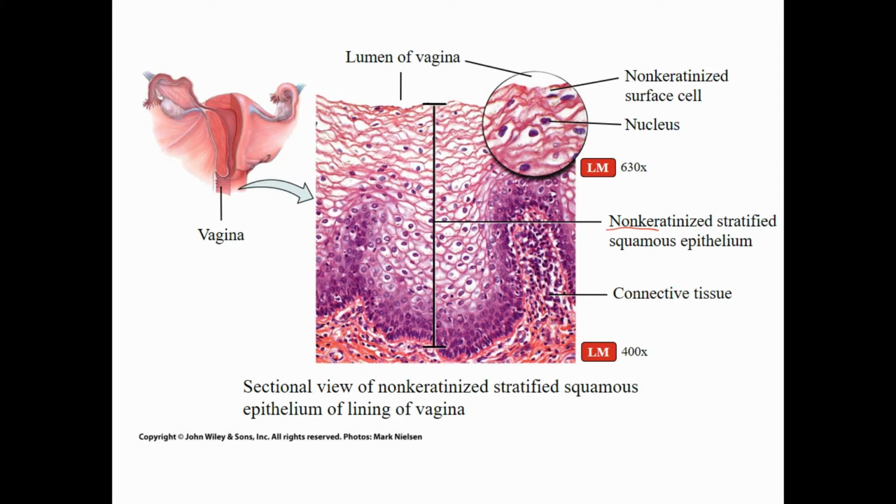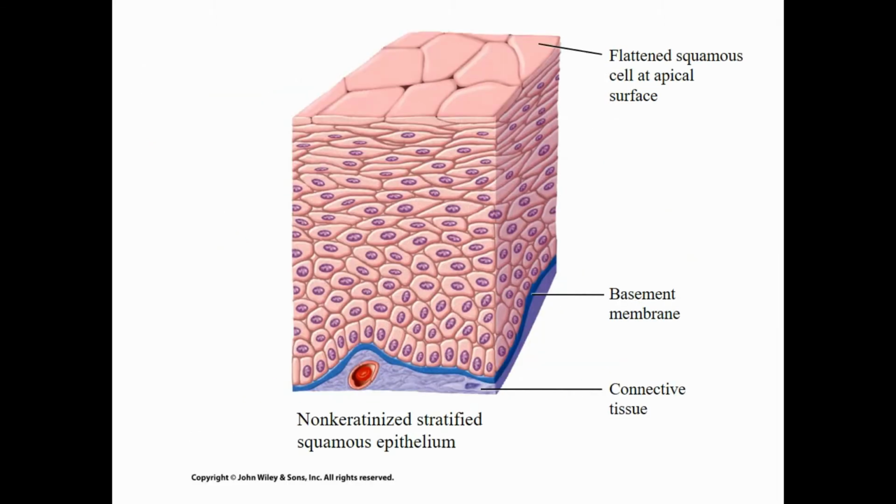They get packed full of keratin, and they lose all their organelles, and they become dead cells. Same thing with your hair and your fingernails. Those are keratinized cells. These are stacked in obviously multiple rows. They are flat. So this would be non-keratinized stratified squamous epithelial tissue.